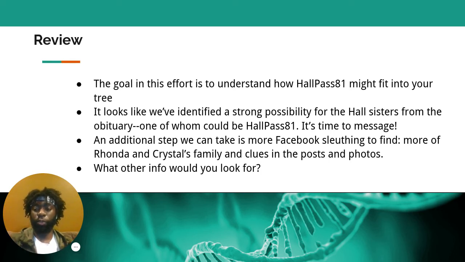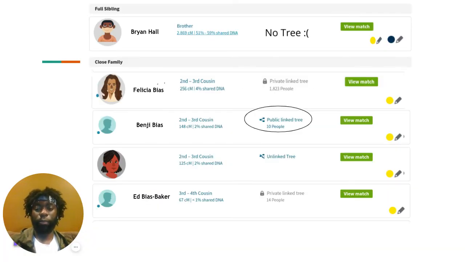And maybe you'll be able to, for example, find Isaac, their father in that obituary, and maybe there's more info there, more posts, more parents and relatives that fill out the story. So now it's a good time to see what other info you would look for.